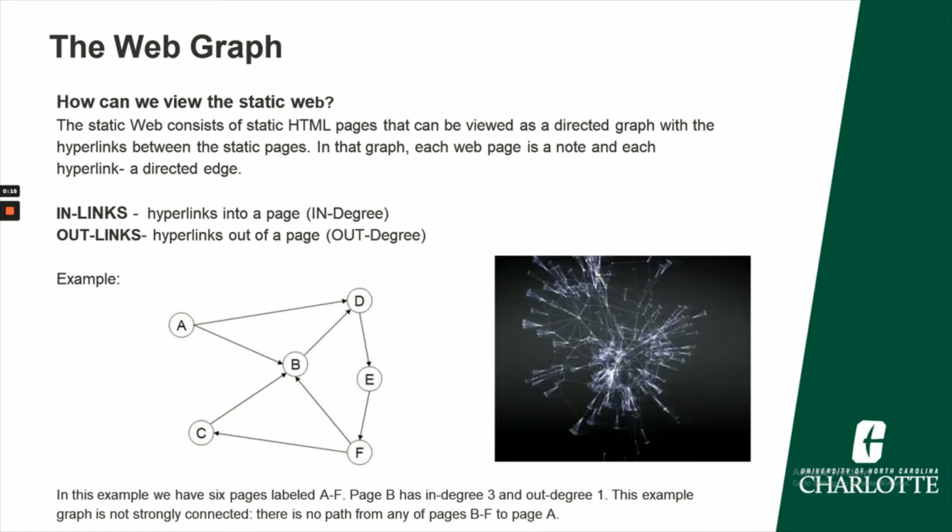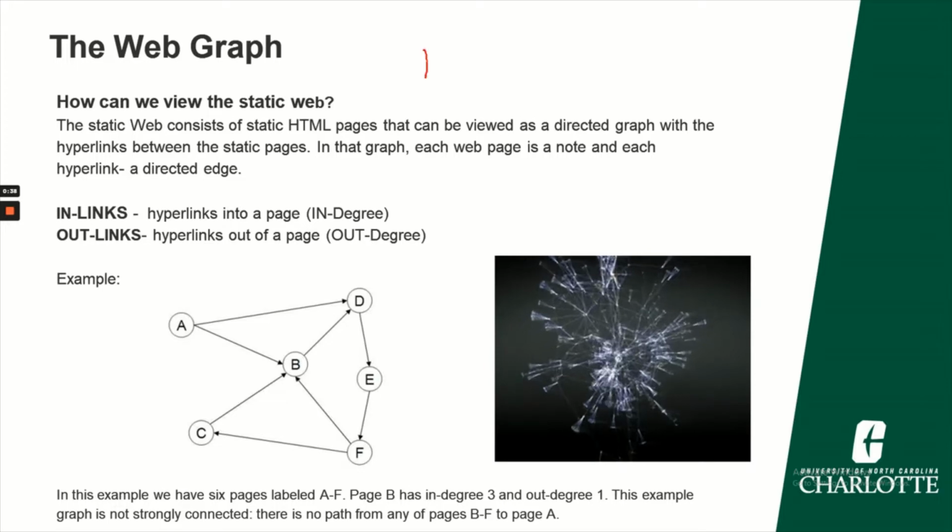As you know, many of you are using Google and search engines, but how does that process work on the back end and what does it consist of? The static web itself consists of static HTML pages that can be viewed as a directed graph with the hyperlinks between the static pages.